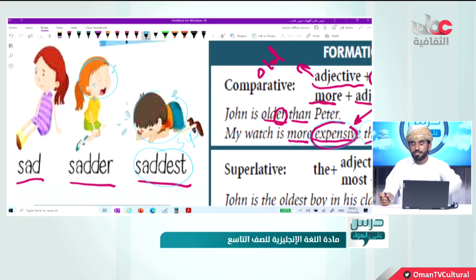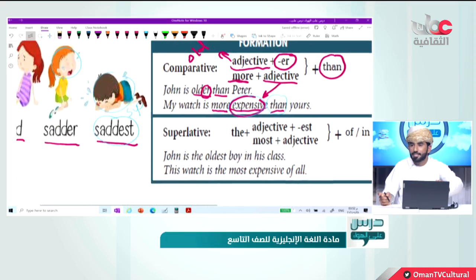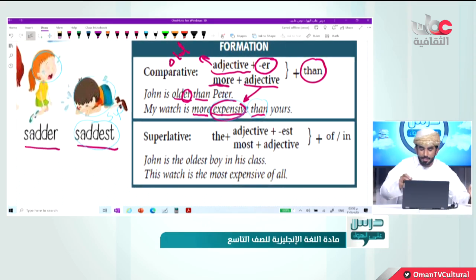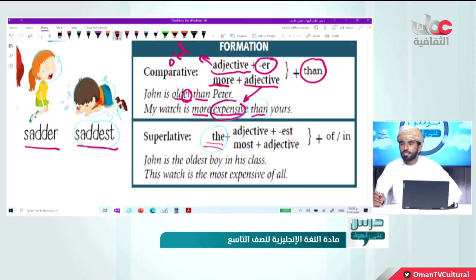So, what is the form of superlatives? In superlatives, you've got, first of all, the. Is it important, teacher? Yes, it is. It is very important. You cannot write a sentence in the superlative without the. If you don't write the, then there is a mistake in your sentence. Just really focus, especially in a grammar test.